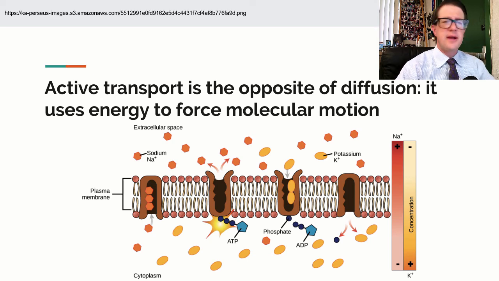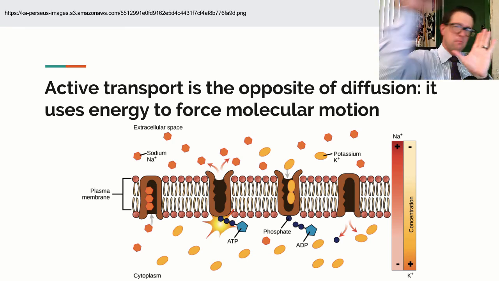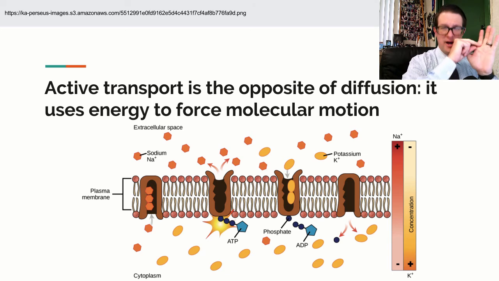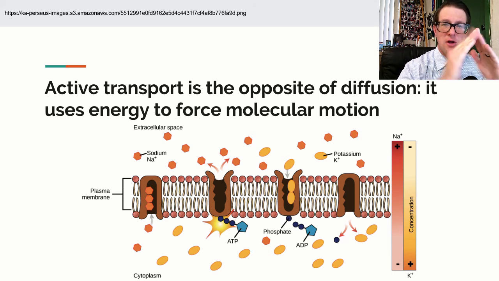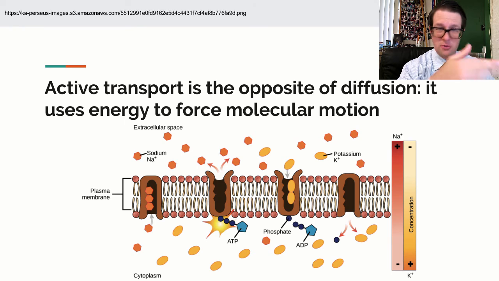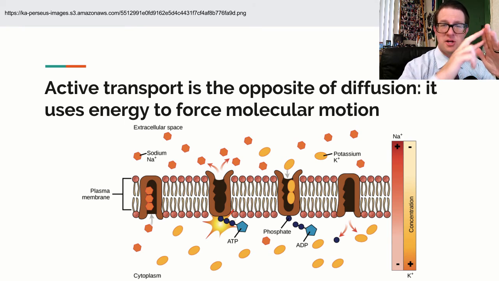And the way you do that is you have a protein, a molecule comes on in, it binds, we add energy, and the addition of energy forces the protein to change its shape. And when it changes its shape, whatever attached initially, so in this case sodium or potassium, says, nope, I don't want to be attached anymore, and then it's now forced inside of the cell.